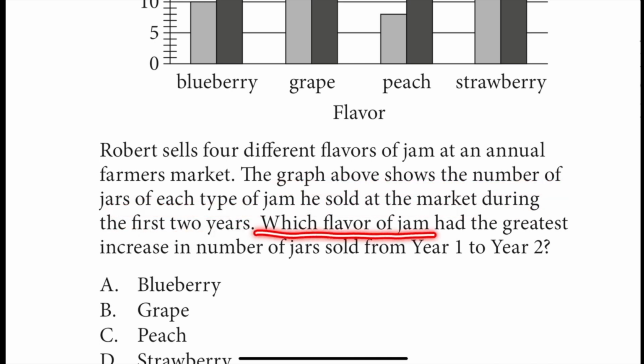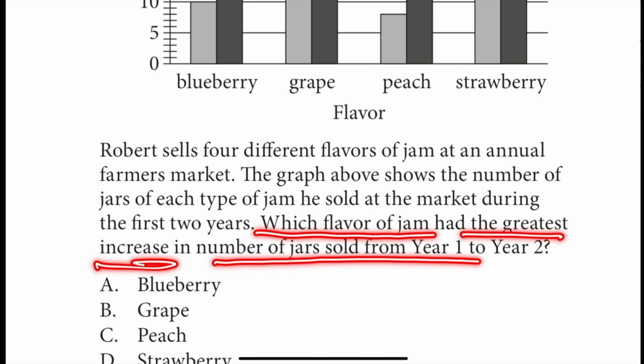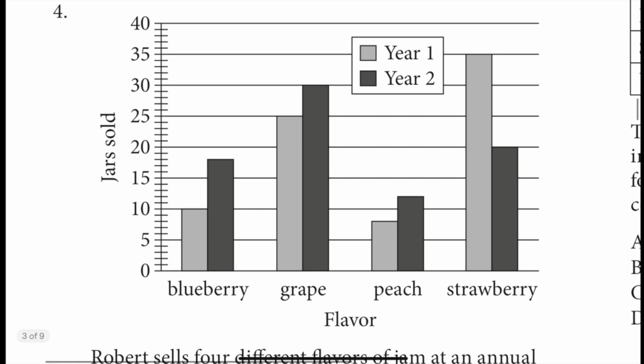Which flavor of jam had the greatest increase in number of jars sold from year 1 to year 2? Out of those 4 flavors, which one has the biggest increment from year 1 to year 2? This one is decreasing, right? It went from 35 jars to 20. So it is decreasing, not an answer. Out of these ones, which had the biggest increment?